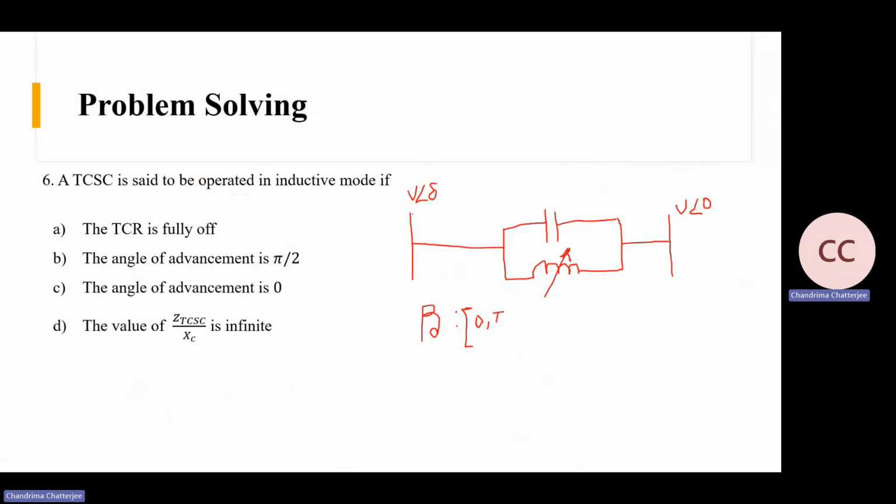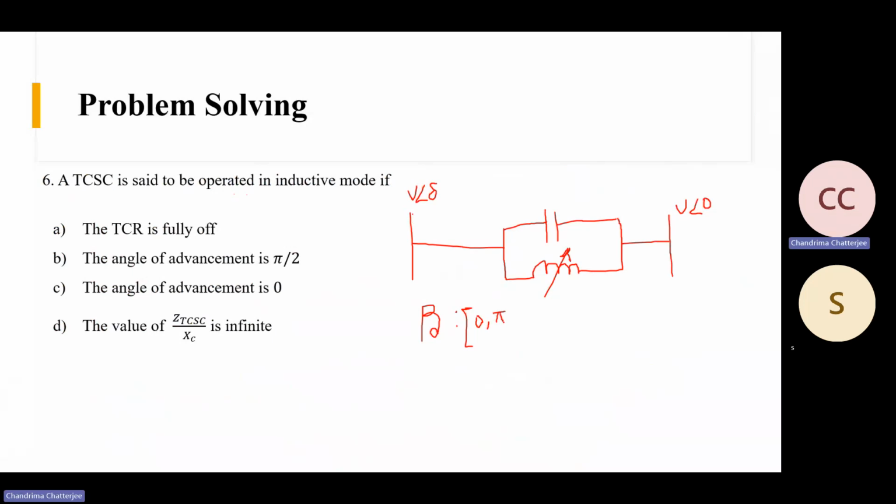When beta is 0, that indicates that the thyristors are fully off. And when beta is pi by 2, that means the thyristors are fully on. When the thyristors are fully on, what do we get? We get just a fixed capacitor and a fixed inductor.